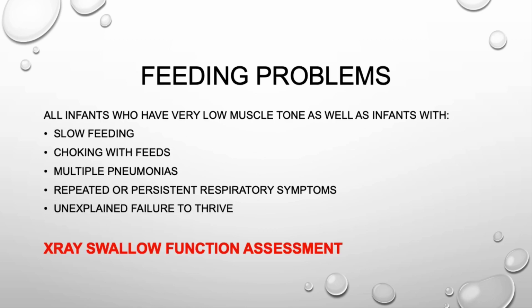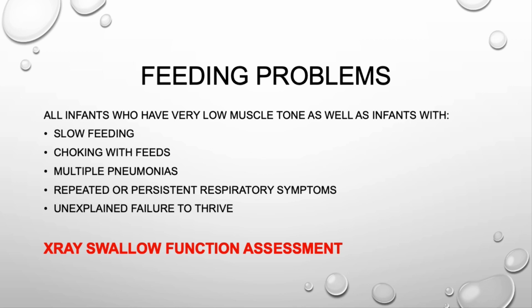With regards to feeding problems, I mentioned that early on. Children with Down syndrome may have problems with slow feeding or choking with feeds. Remember that muscle tone is a problem, and muscle tone also relates to the muscles involved when you swallow.